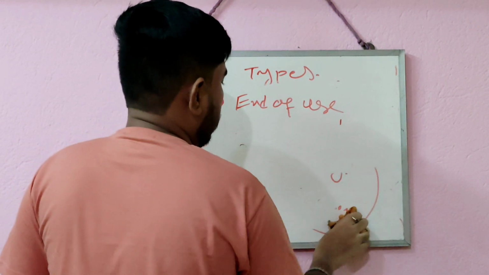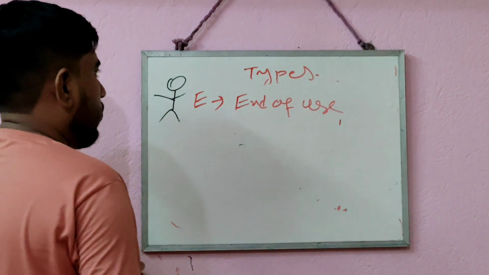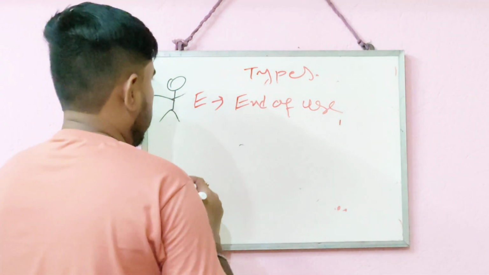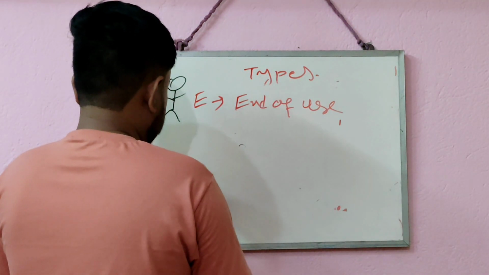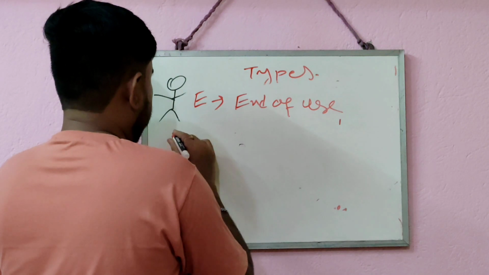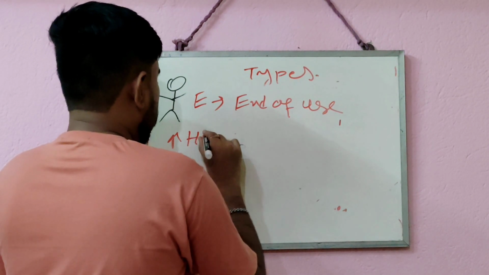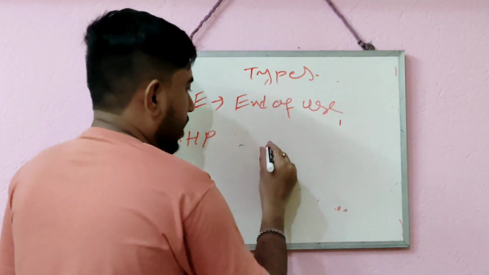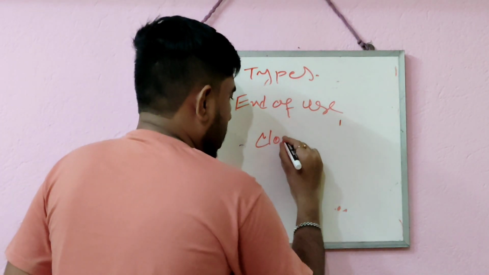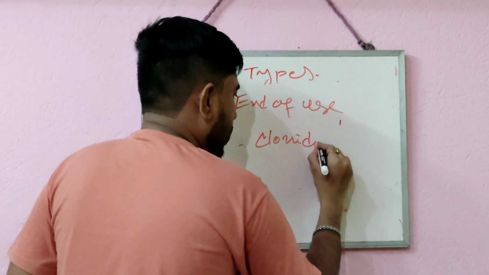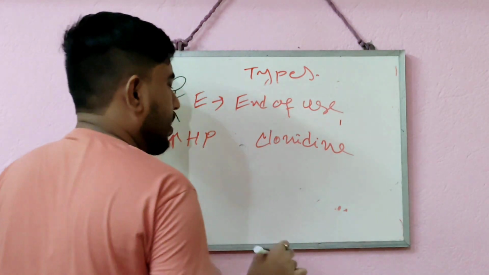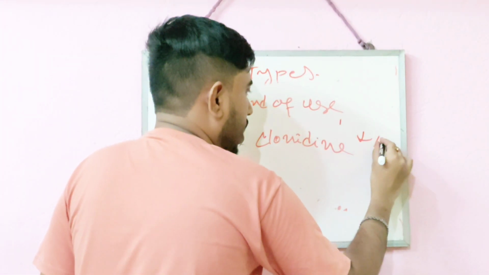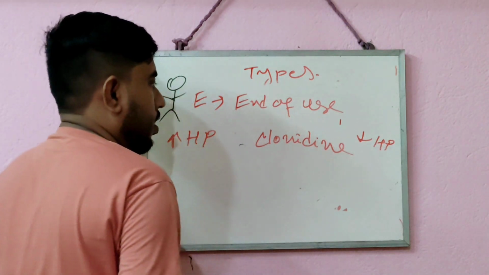You can understand very easily by an example how E type of adverse reaction is generally shown by our body. Just suppose you have hypertension or high BP. To treat that, you are taking an antihypertensive, clonidine, and you are using that clonidine for a prolonged period of time to decrease your high blood pressure.